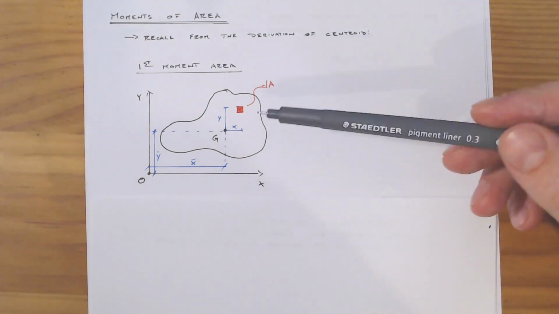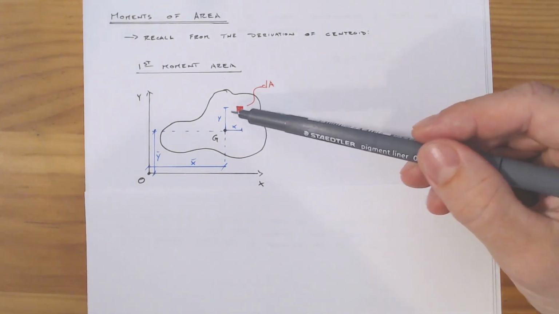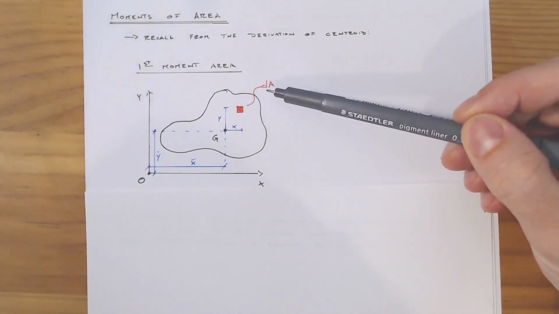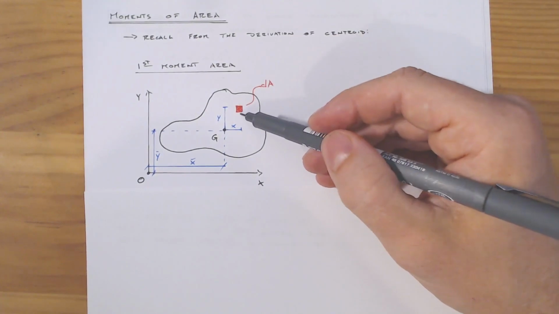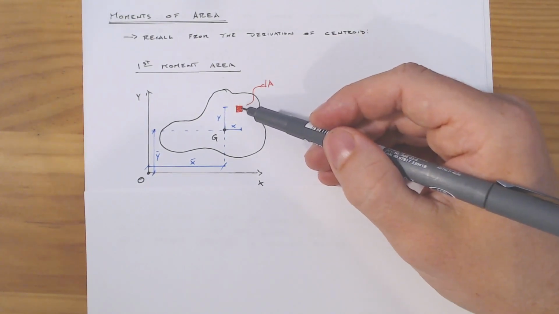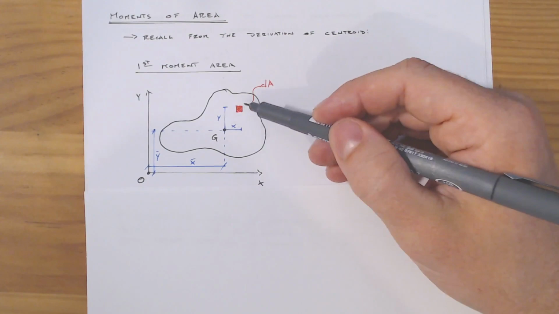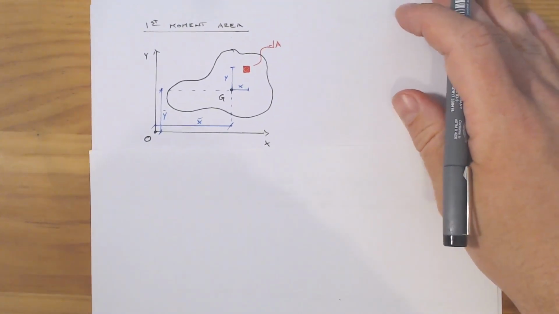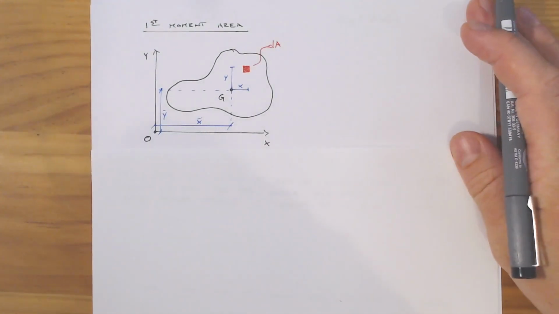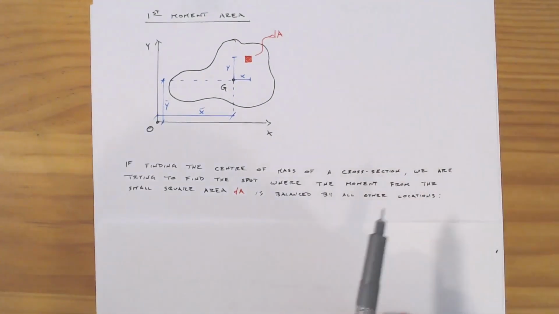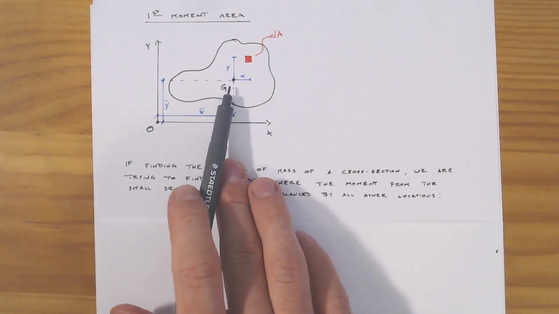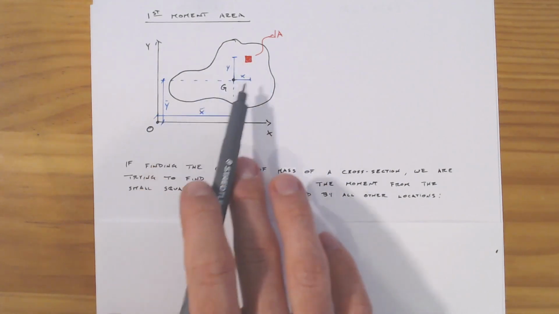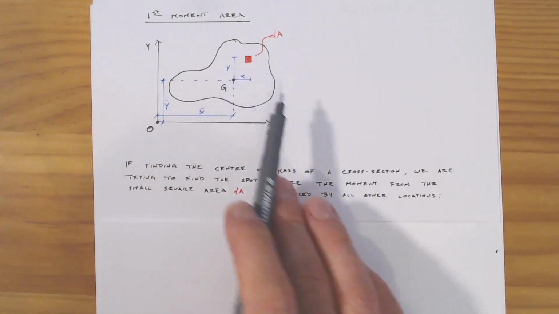And in order to find it, really what we want to do is think about some little discrete area, dA, on the blob, and we want to find out its moment arm distance to some point which will balance everything out. So if we think about this in terms of center of mass, really what we're doing is we're trying to find the location somewhere on this cross section where every little point dA will be balanced out.